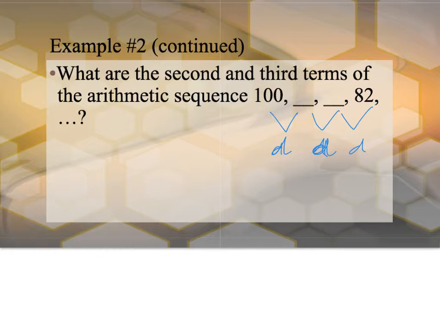we'll set up the equation as 82 equal to 100 plus 3D.